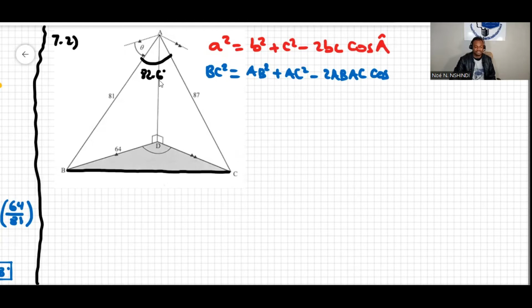So this angle here, 82.6 degrees, is the angle A in this case.